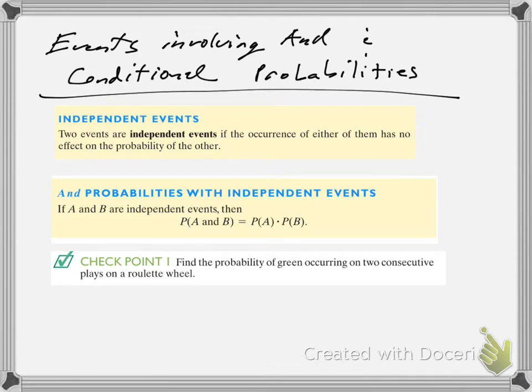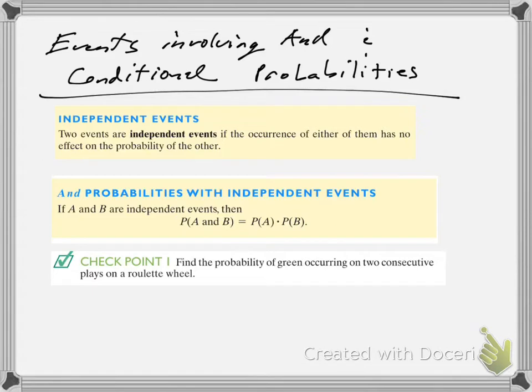Okay, an example of dependent events is when I say, what's the probability of drawing two kings out of a deck of cards in sequence? The probability of pulling the first king out is 4 out of 52 because there's 4 kings. But now that that card's out of the deck, if I didn't replace it, then the probability of pulling out the second king is 3 out of 51, since there's only 3 kings and 51 cards left.